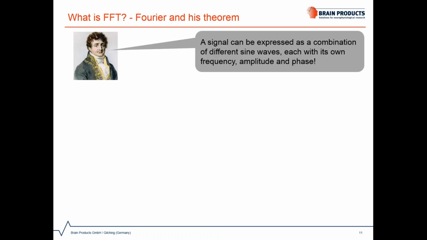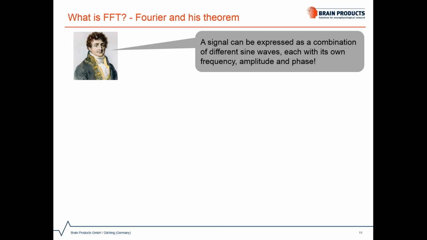Joseph Fourier showed that a signal can be represented as a summation of simple sinusoids, namely sines and cosines. Each of these sinusoids is defined by its frequency, amplitude, and phase.